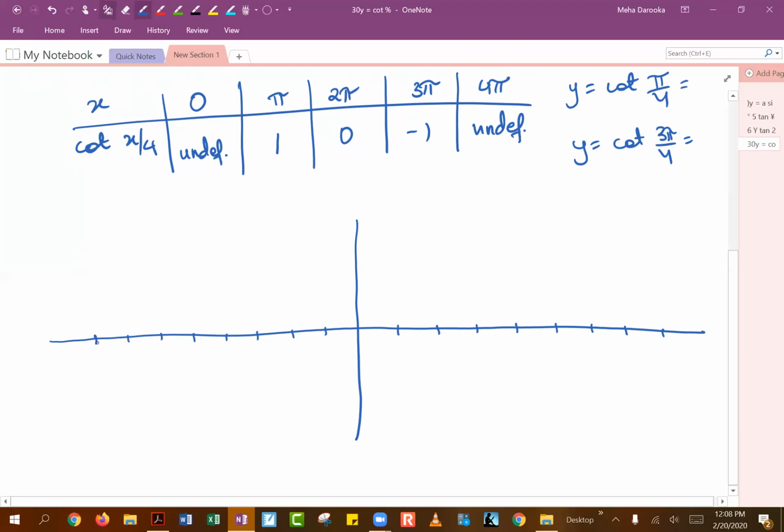And they're actually asking us, they didn't say that in the example, but they're asking us to do 3 cycles and 3 periods. So if we're going from 0 to 4 pi for our asymptotes, where will be your next asymptote at? Very good.